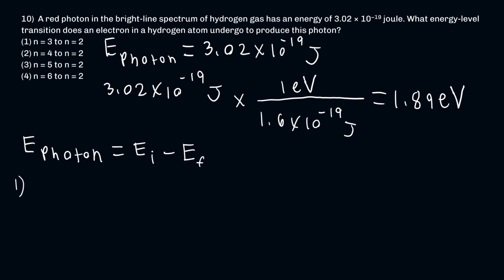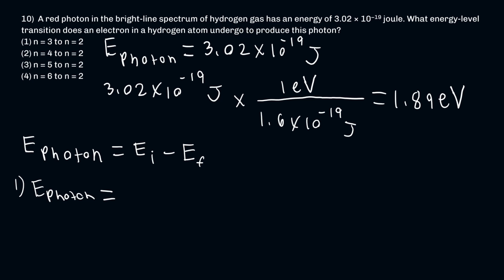So let's look at answer choice 1 here. So we have the equation. We're looking for energy of a photon. This is equal to my energy level initial. So looking at the reference table on page 3, we are working with a hydrogen atom. The first answer choice gives me energy level 3.